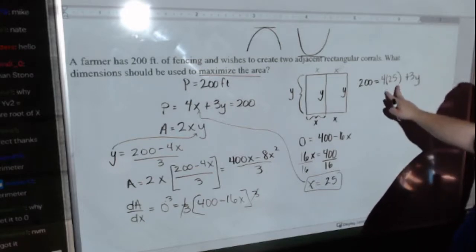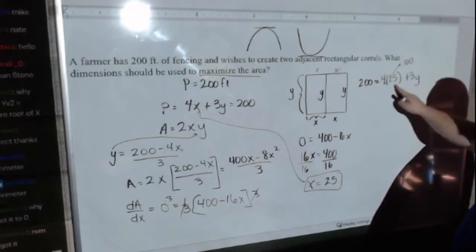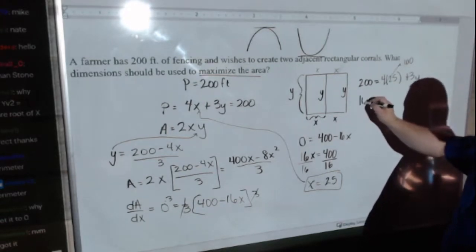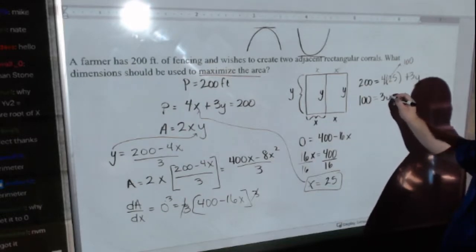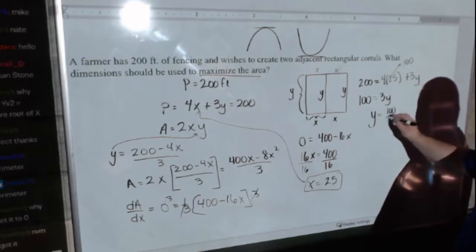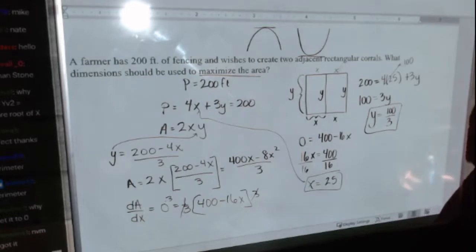Well, 4 times 25 is 100. If I move it to the other side, that would be minus 100. So we get y equals 100 thirds, or if you prefer, 33.333 repeating. I always like to have whole numbers.